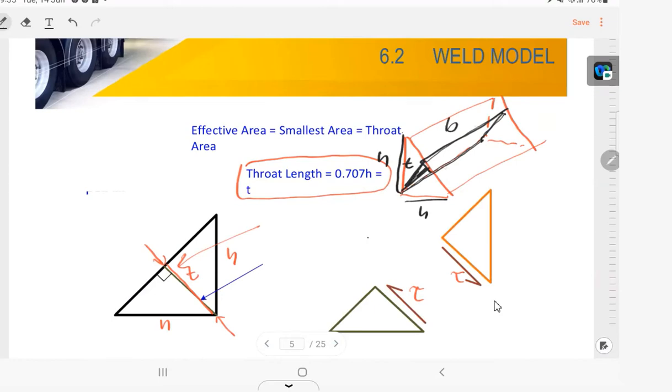So this is weld B times T. B times T is the area. We are actually focusing on the middle. The area there is T.